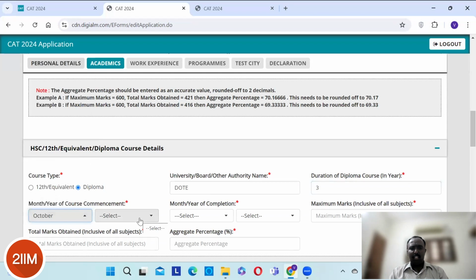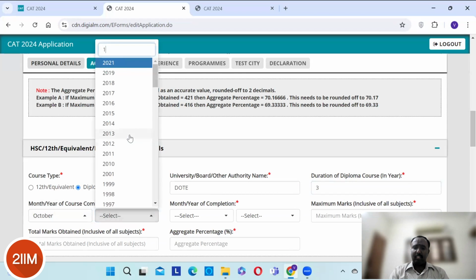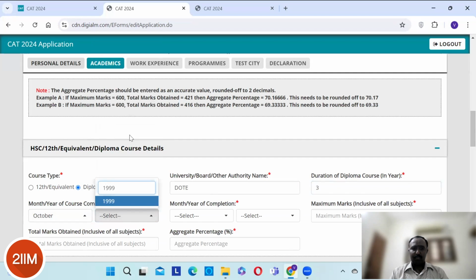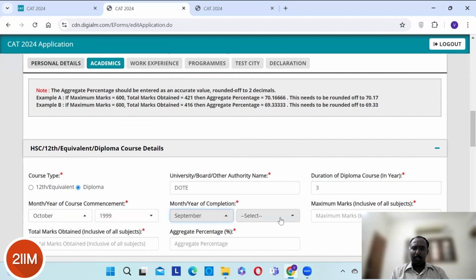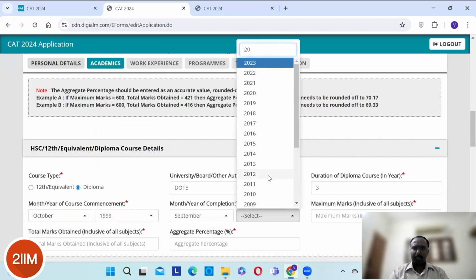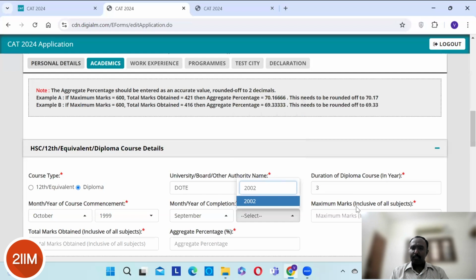Because that year, the result itself for us came very, very late. And I completed in the month of September 2002, my diploma. So the maximum marks for us was 3,700.